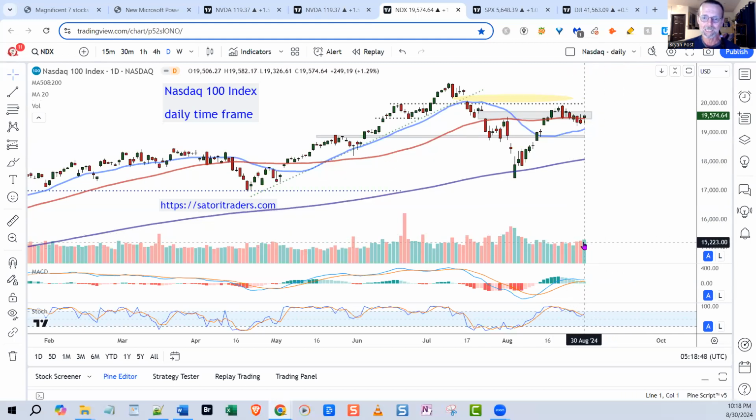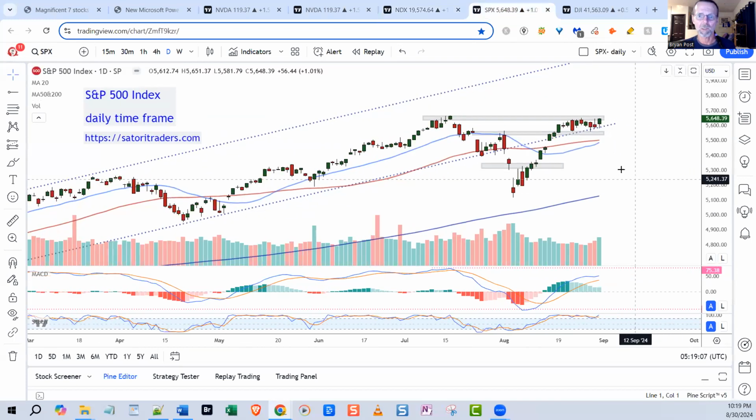Rising volume, so we did get some volume coming in on this price action today. MACD mostly flat, but it is in bull mode, so primary trend based on MACD is still to the upside in the daily time frame. Energy is elevated.